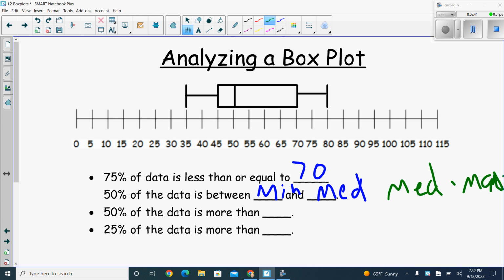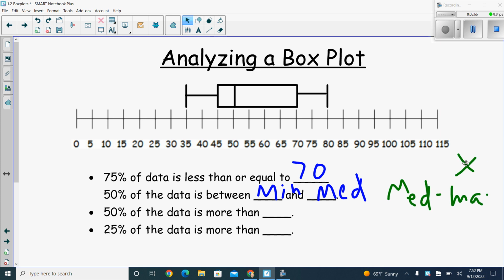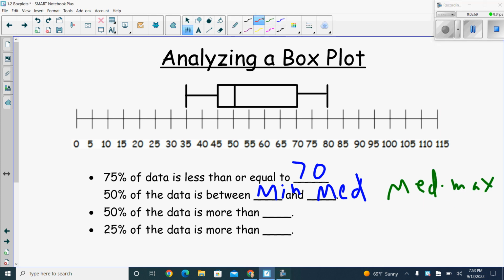The median to the maximum. And finally, it could go from Q1 up to Q3. By the way, that is the interquartile range.